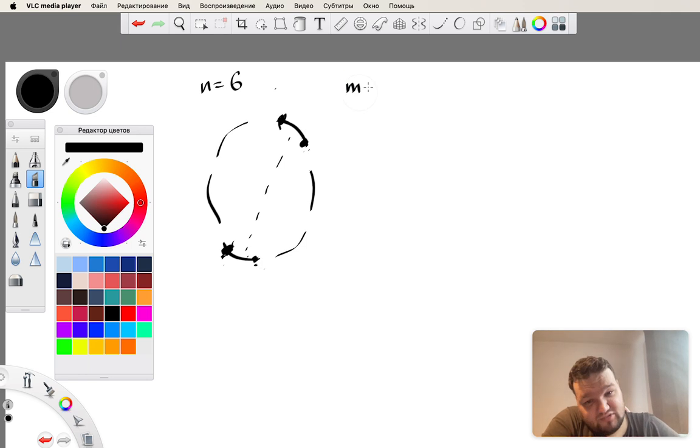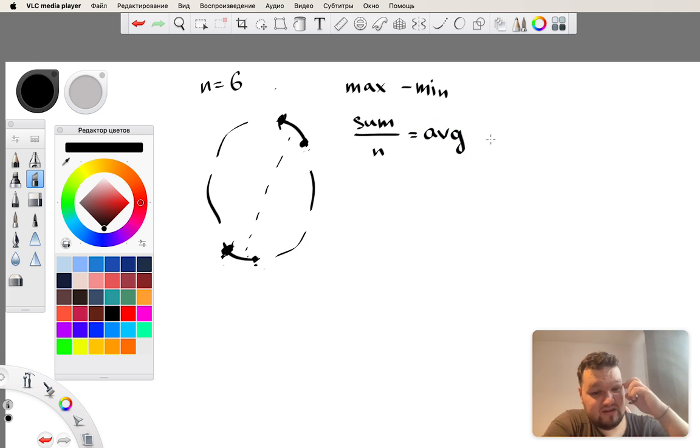So we want to minimize maximum minus minimum, but the sum of values is fixed. If we divide the sum by n, we will get the average of the intellect values of pairs. Since the sum is constant and n is also constant, the average is constant.